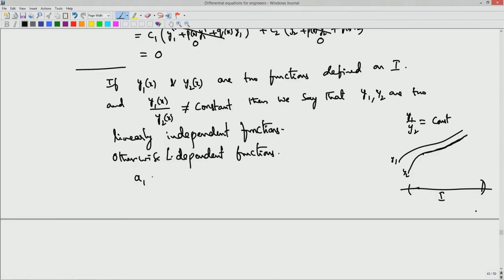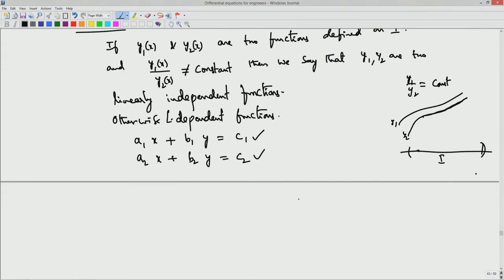Like this: a1x plus b1y equal to c1, and a2x plus b2y equal to c2. Suppose you have this system of linear equations. When does a solution exist for these linear equations? A unique solution is possible if the determinant is nonzero.